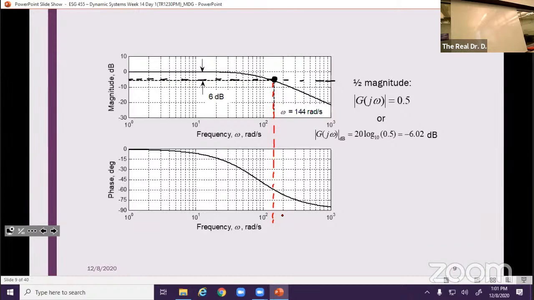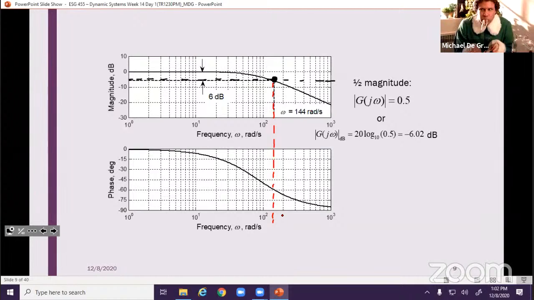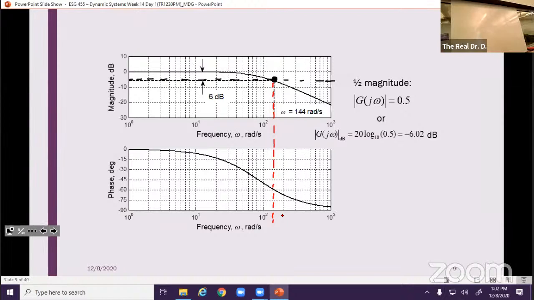I'm going to do this the other way. When we're designing things, the Bode diagram is nice, because I know that if I am above omega here, above 144, I will have less signal attenuation than 50%.